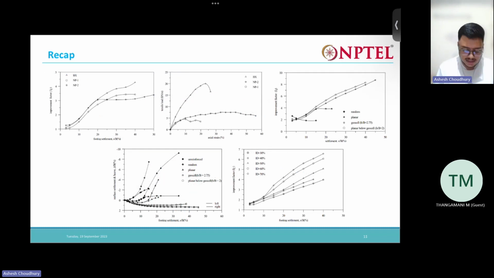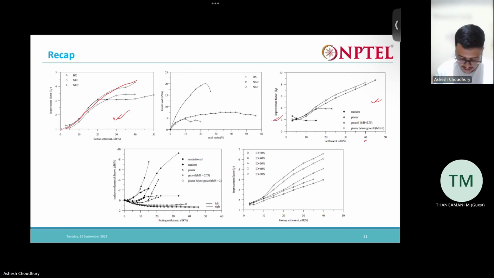Here we can see many graphs where the results are presented in terms of the improvement factor and the footing settlement. With the use of reinforcement, the improvement factor increases by a large amount. This one is for geogrids, and this star line is for geocell. With the use of geocell, the improvement factor increases by a large amount with increasing settlement.